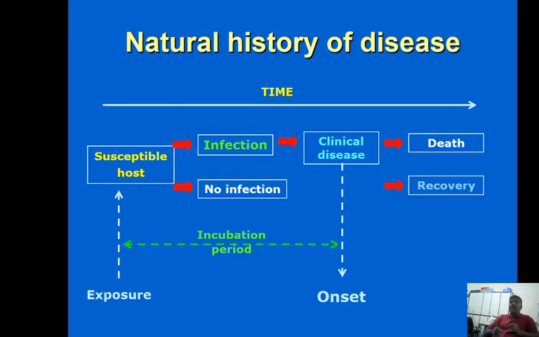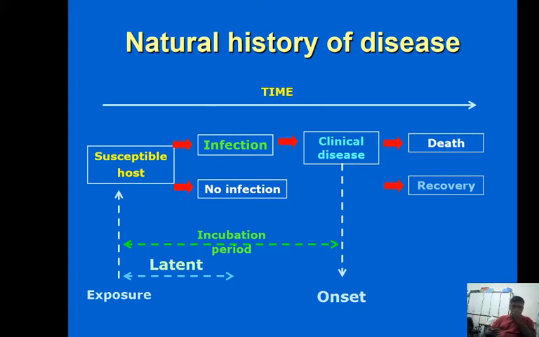From the exposure time to the appearance of symptoms, this is called the incubation period. Whereas from the time of exposure to the level of infection that is happening, but not yet clinical disease, where you have the infection but do not develop symptoms, that is called the latent phase. The latent phase is very common, especially for chronic disease. They develop the disease, but by the time they develop symptoms, it is too long.